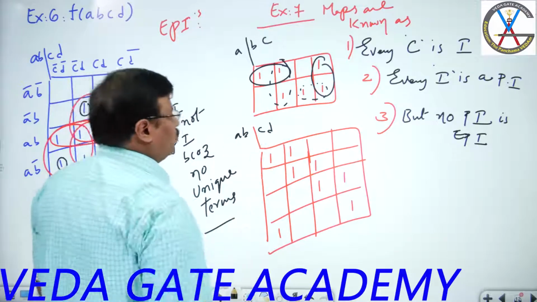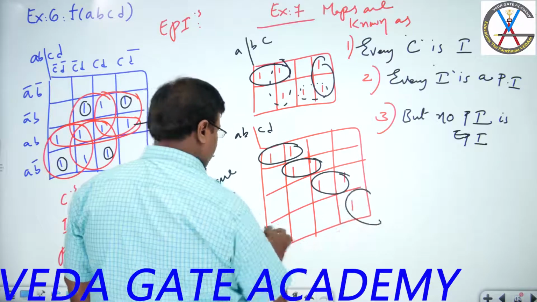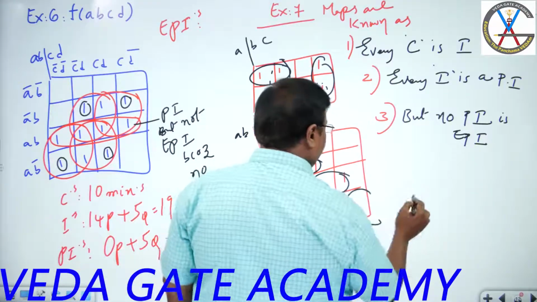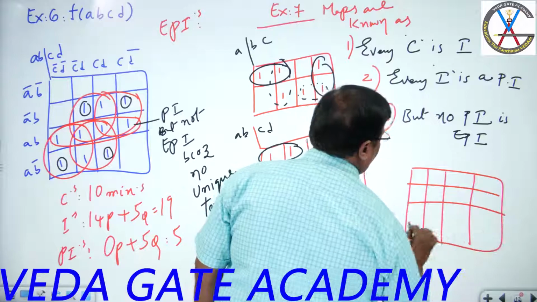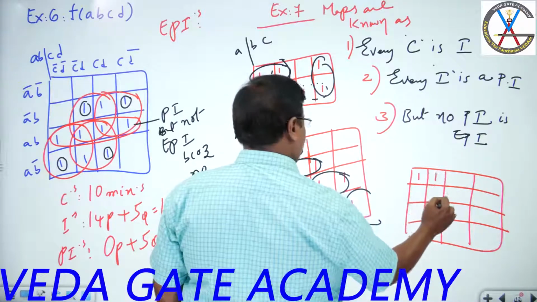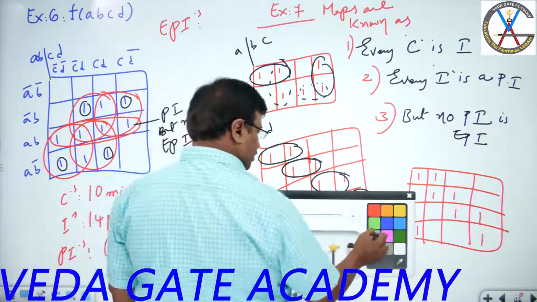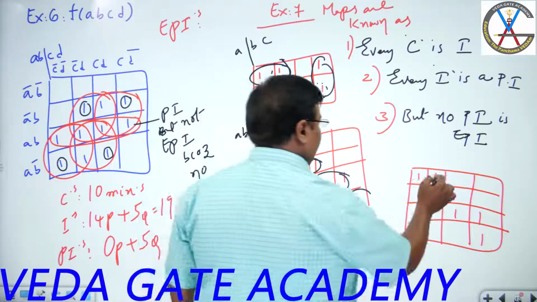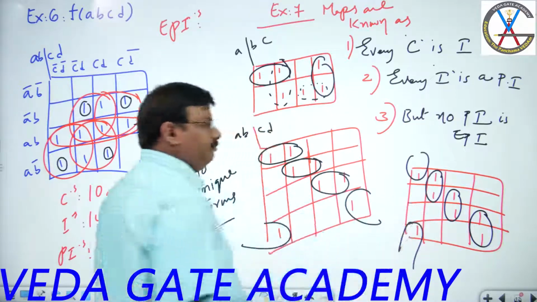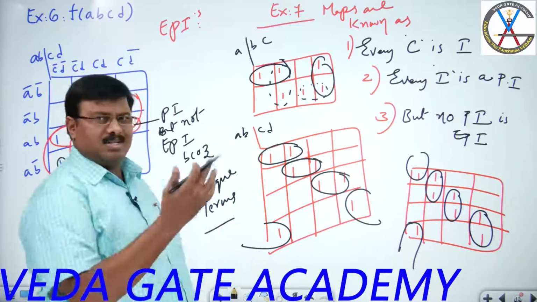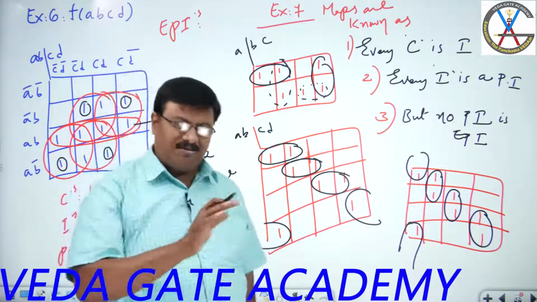For every square we have two options, and in this map also we can take it one way or the other way. For every pair there is another option. No uniqueness. None of them are unique.